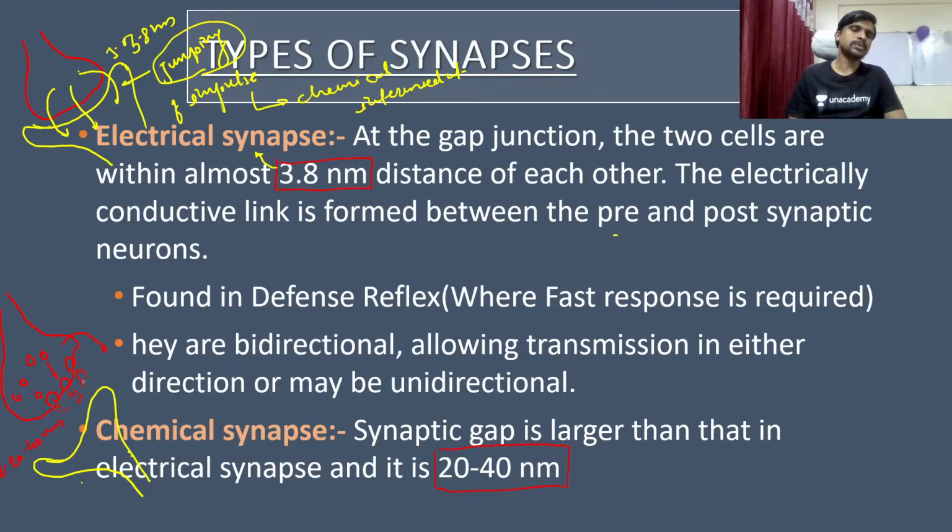These chemicals are the neurotransmitter, and this neurotransmitter is actually the way of communication between the two cells. So your chemical synapse always relies on the neurotransmitter, and that's why it is very slow as compared to the electric synapse. Okay, so the electric synapse is faster.